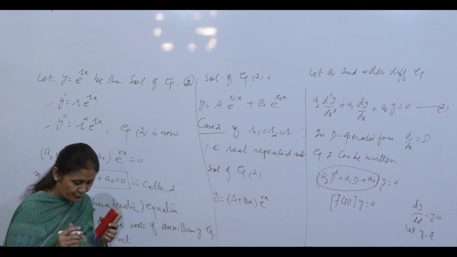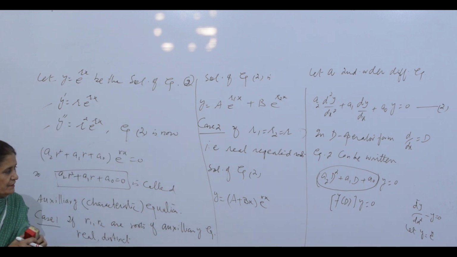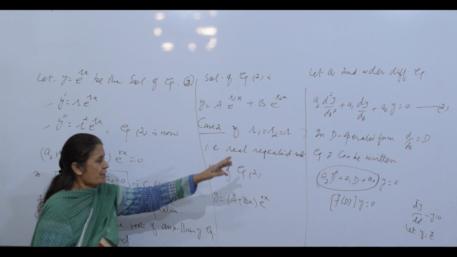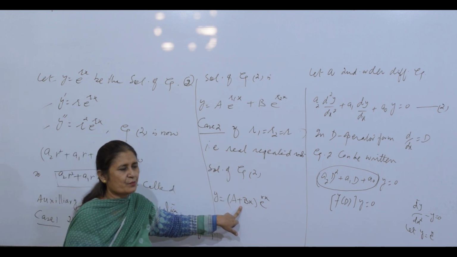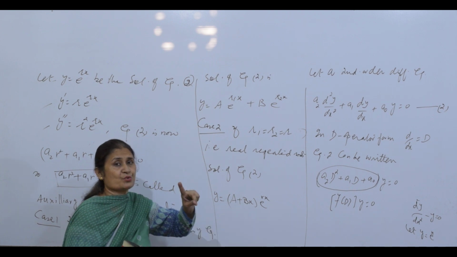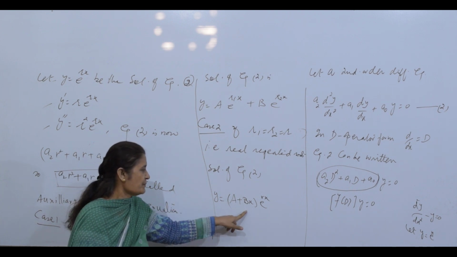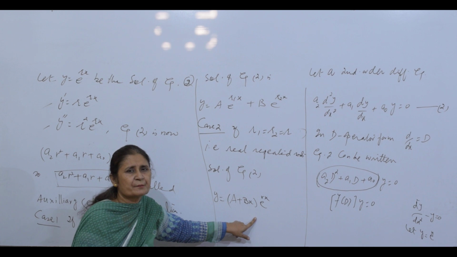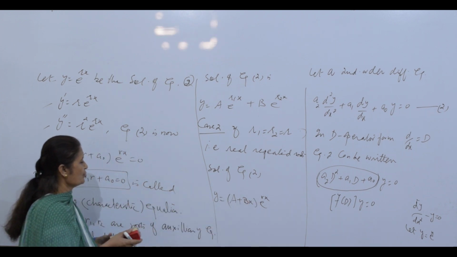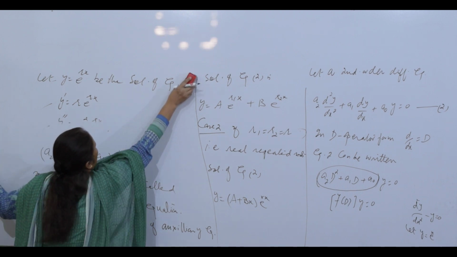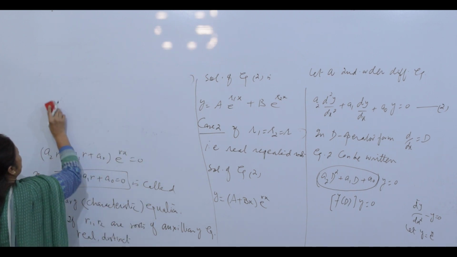This is the solution if roots are real repeated. Since it is second order, there are 2 constants. If there is a third order differential equation with real repeated roots, 3 constants, so you can write (A plus Bx plus Cx squared) e^(rx).